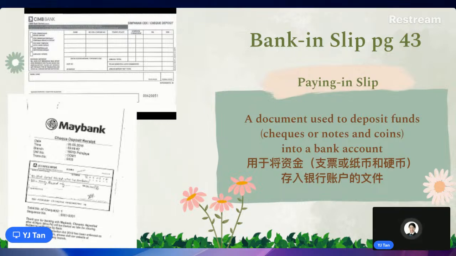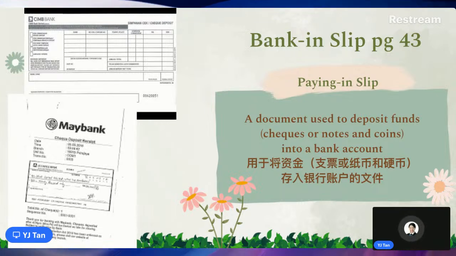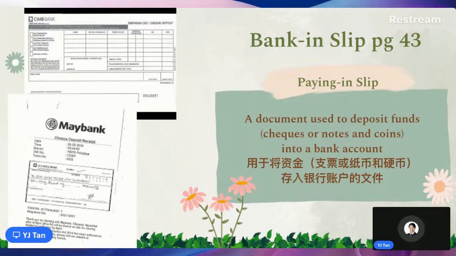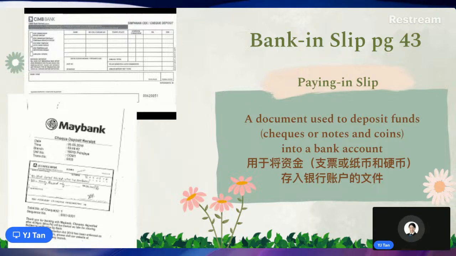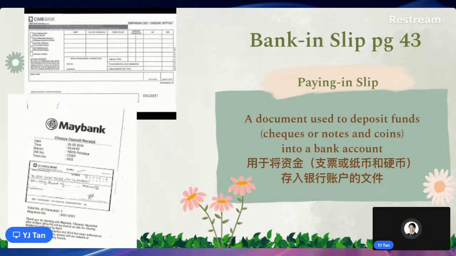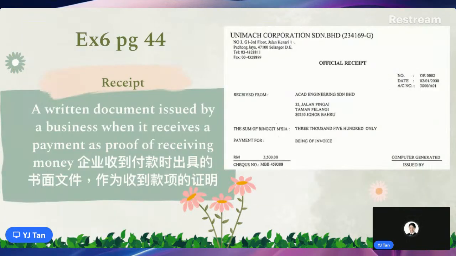No, it's not, because maybe the bank will reject the check. Maybe the check is wrong, or your paying-in slip was filled in wrongly. There are all kinds of possible mistakes in business documents, so you have to be extra careful when you fill them in.